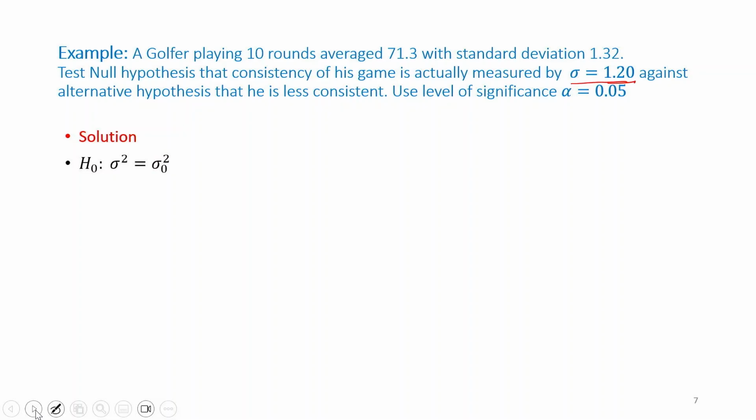So we are basically comparing the variances here. These are the two corresponding hypotheses. One is no change, the other is less than what he was having earlier.